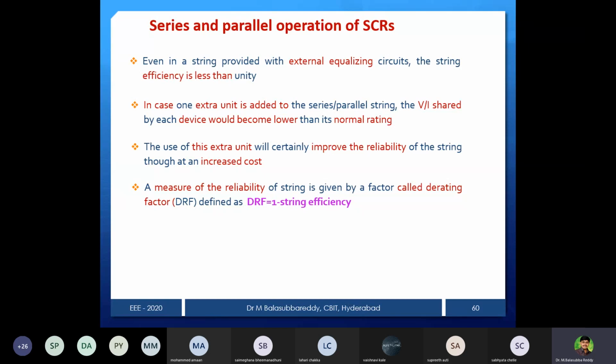What is the improvement there? One aspect is that reliability will be improved, because instead of carrying the full rated voltage, each carries less voltage.